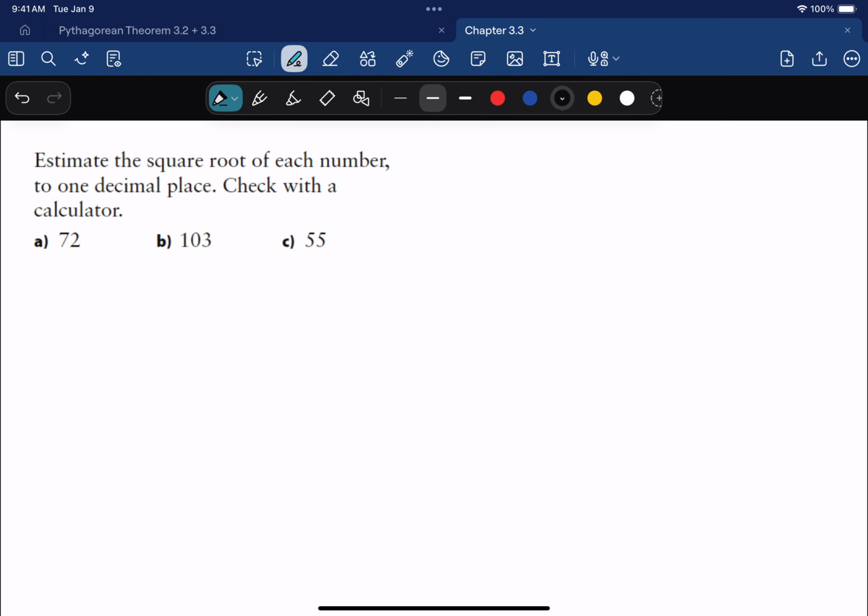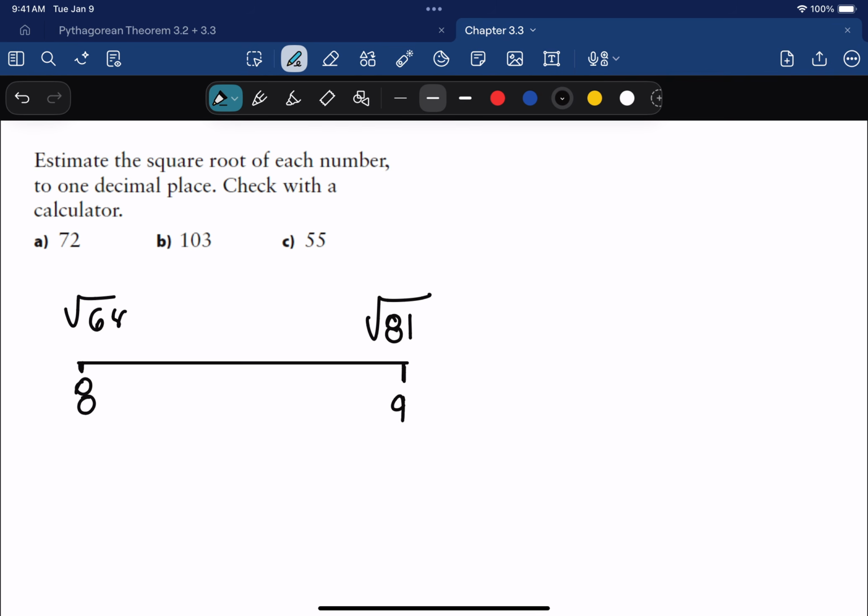Let's make ourselves a number line. Here's our number line. Now for 72, we need to think what 2 perfect squares would be on either side of 72. On this side, I can think of 9 times 9, which is 81. And on this side, 8 times 8, which is 64.